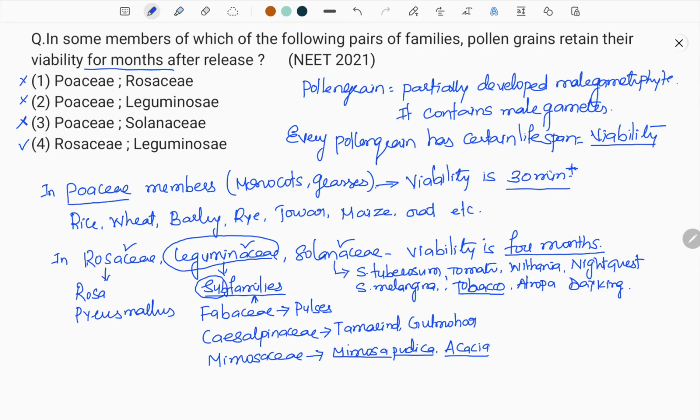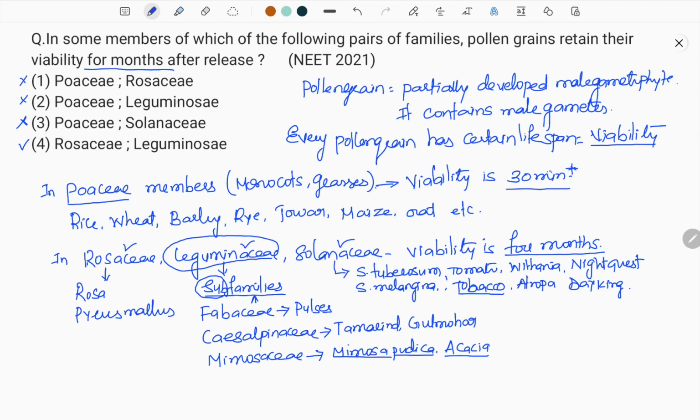It is a very simple question. He should not have given it like this, because in three of them Poaceae is common. The one who knows that in Poaceae viability is 30 minutes will just discard that, because there is no answer in the first three, and the answer will definitely be the fourth option, that is Rosaceae and Leguminaceae.